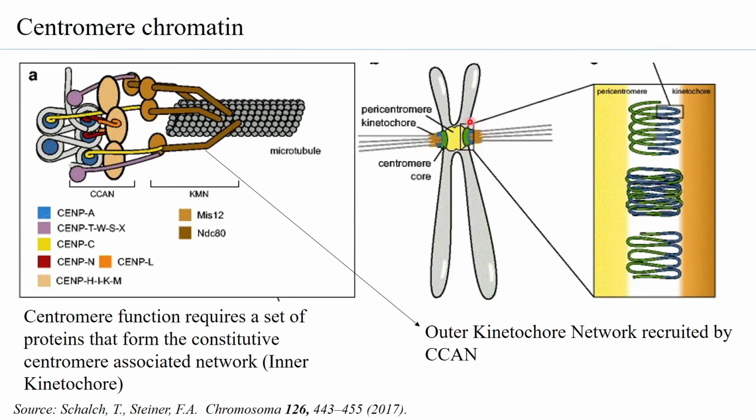So when you look at the centromere per se, you can see that this is the CCAN that we are talking about, okay? And this is the outer kinetochore. So you can see that this portion is the CCAN, okay? And within the CCAN itself, or within the centromeric region itself, important to note is that certain regions are more highly condensed than certain regions. So within the centromeric region itself, you can have subdomains. Okay, you can have different phases.